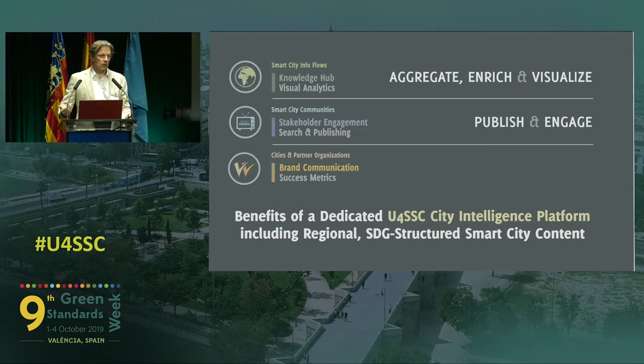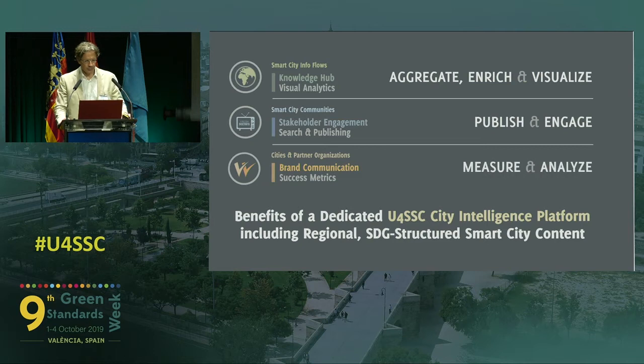A lot of these technologies can inform, can guide, can improve communication with stakeholders, can improve engagement, can make their own information resources more accessible to citizens. And the third step is measure and analyze by extracting content-based success metrics. It is, of course, also possible to optimize campaigns, awareness campaigns for example, and to maximize the impact of one's communication.